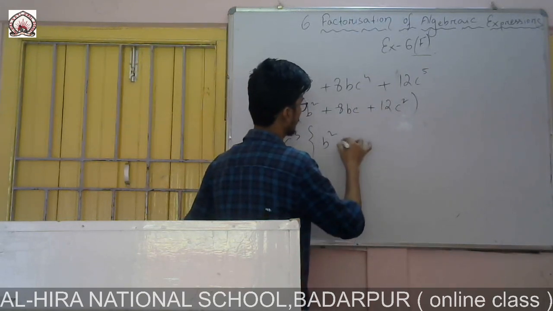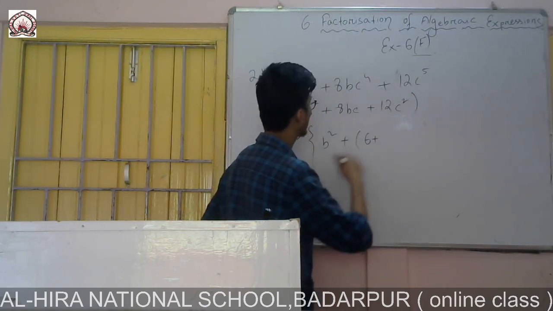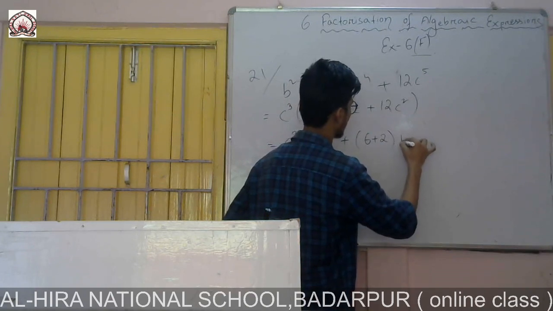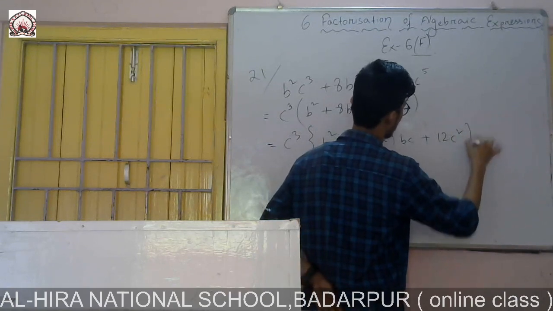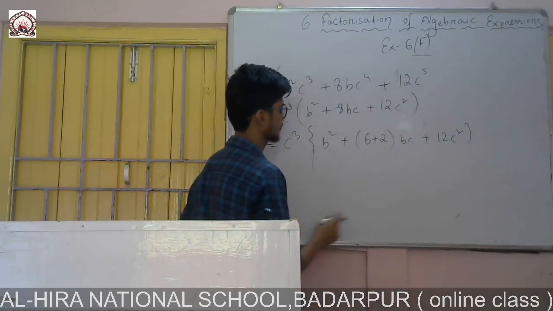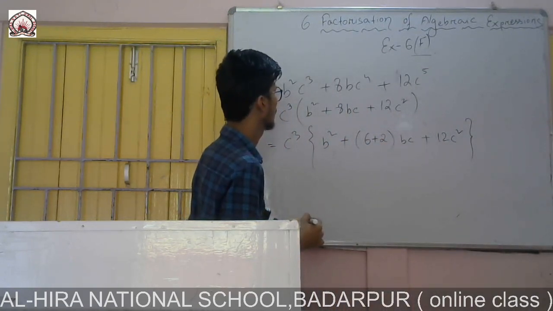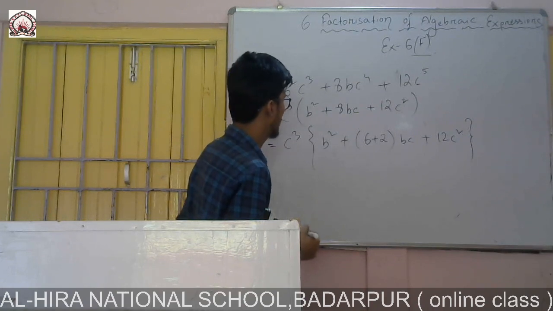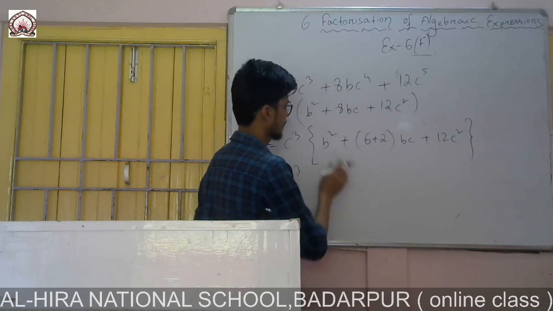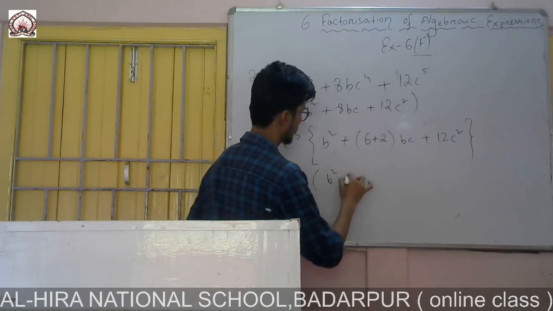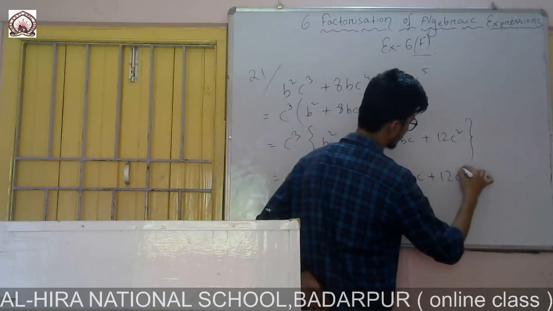B square plus this one's 8 I can write as 6 plus 2, and there will be bc, and at last it will be 12c square. So c cube, and I can write it as b square plus 6bc plus 2bc plus 12c square.